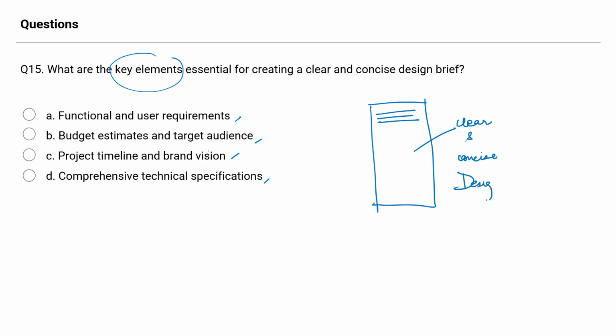Design brief. Options are functional and user requirements, budget estimates and target audience, project timeline and brand vision, and comprehensive technical specifications. You've got four options in front of you, and one of them is the correct answer because it's a single correct answer question.